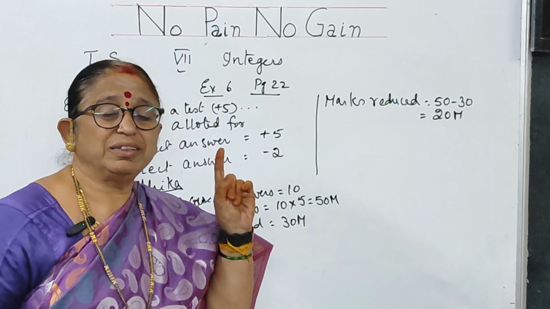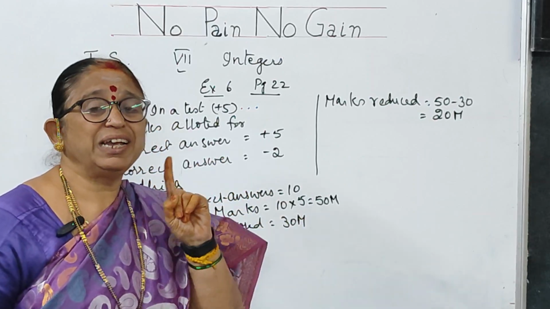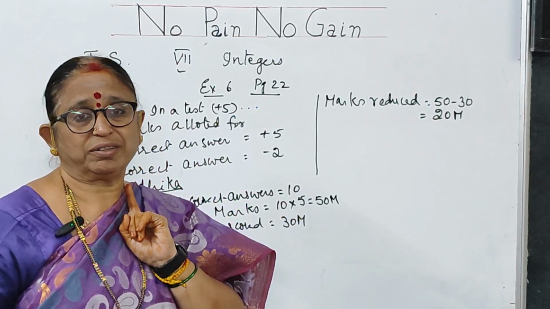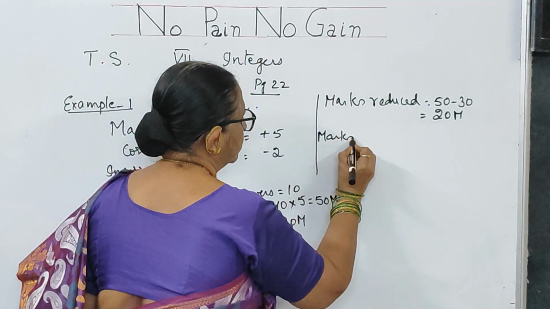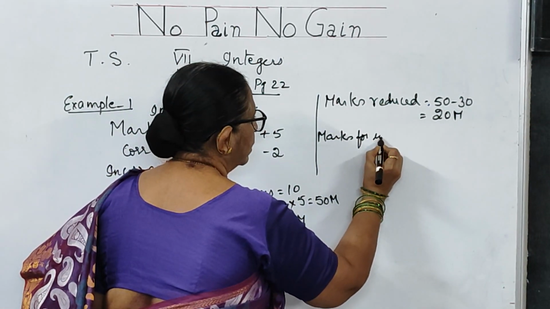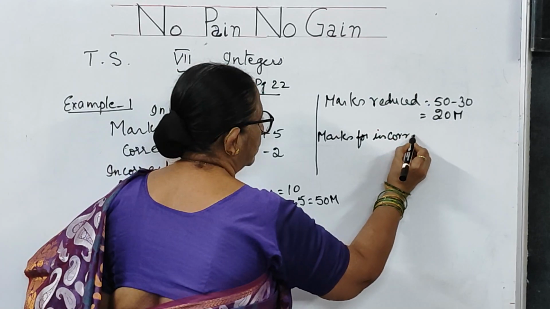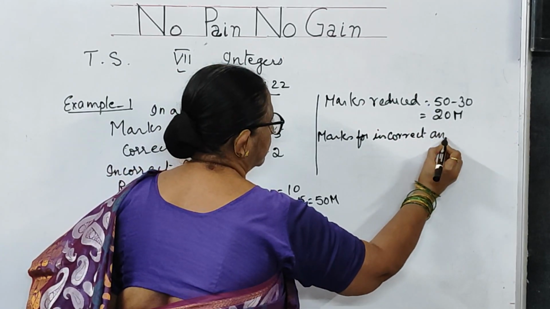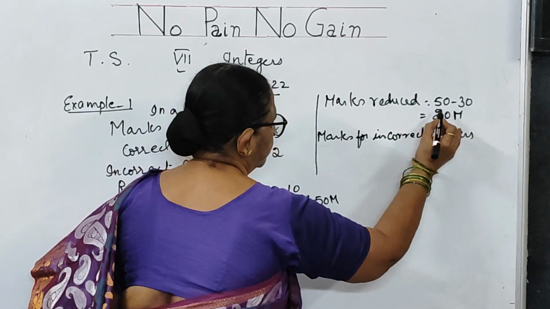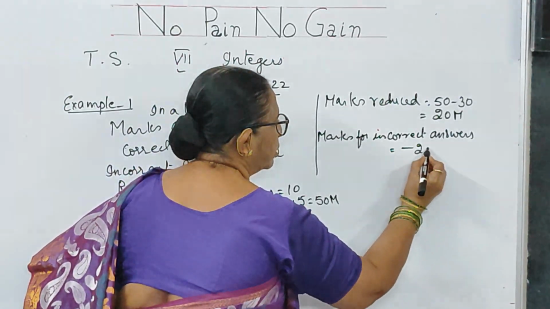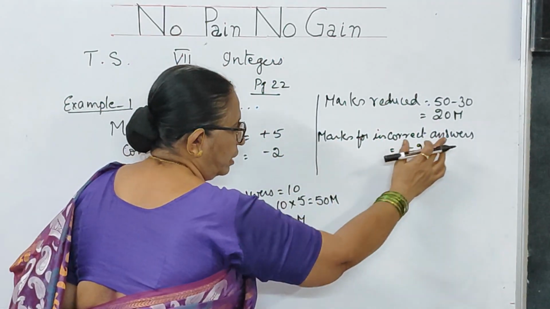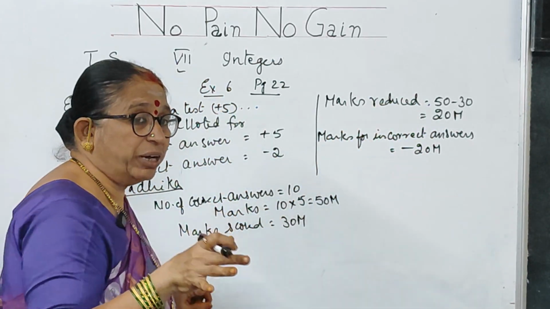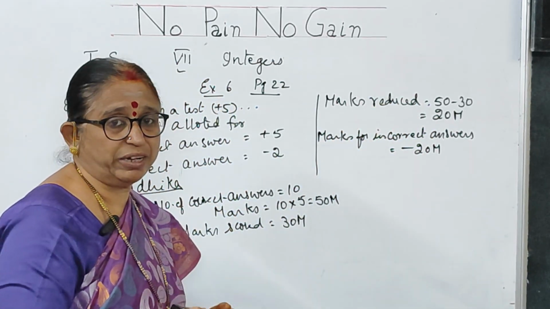That means what? These are the marks for incorrect questions. So the marks for incorrect answers is equal to minus 20 marks because they are negative, no? Minus 20 marks.